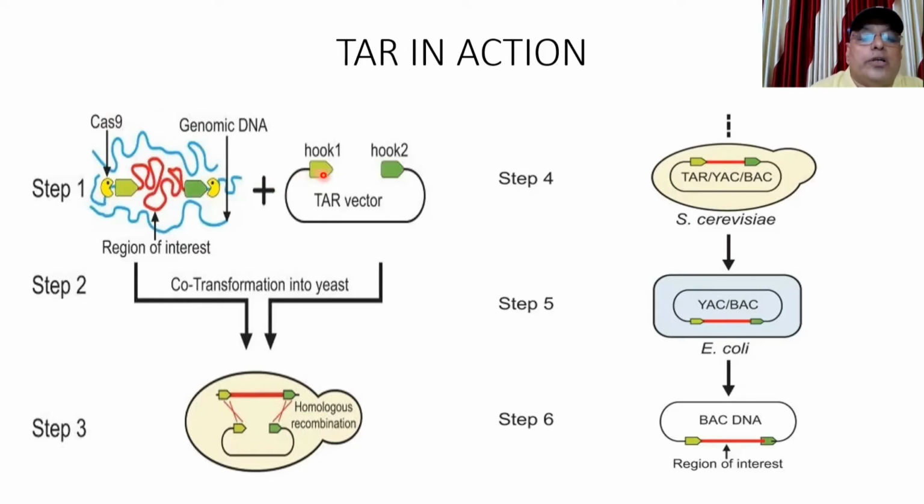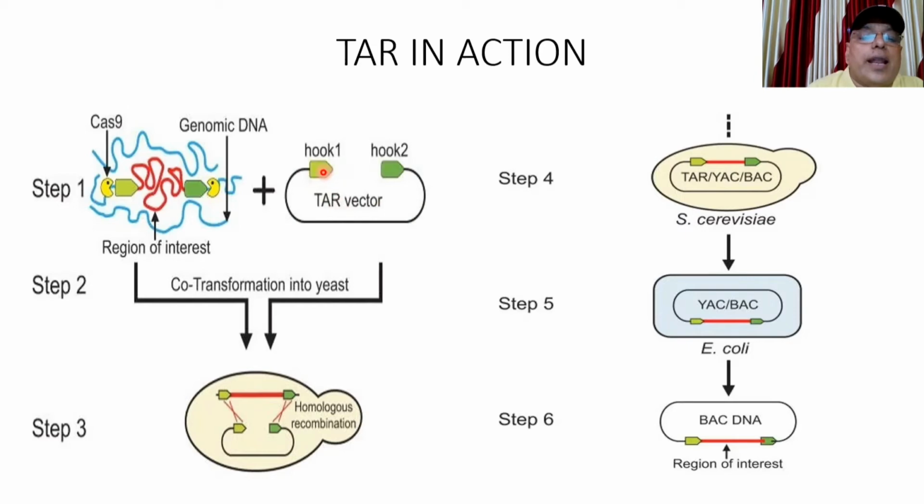So here you have got the TAR vector, you have got hook 1, hook 2, and in this cassette you have got a selectable marker. That selectable marker is HIS3. Then you have the centromere, CEN6 is the centromere here, and a few other sites. These hooks are the most potent weapon of this TAR.